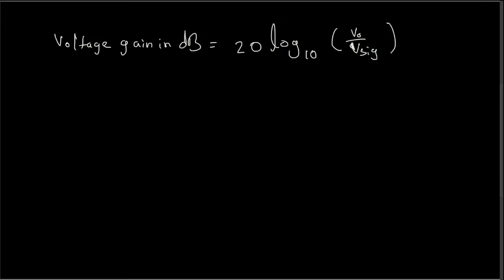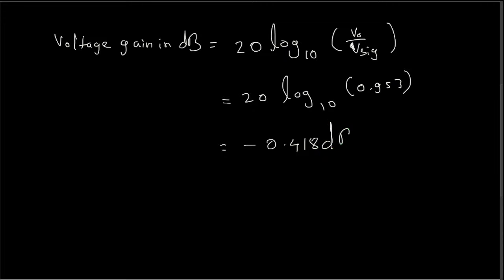In this case, that is 20 log 10 of 0.953. Calculate this and you will end up getting negative 0.418 decibel. So the gain in decibels is negative 0.418.